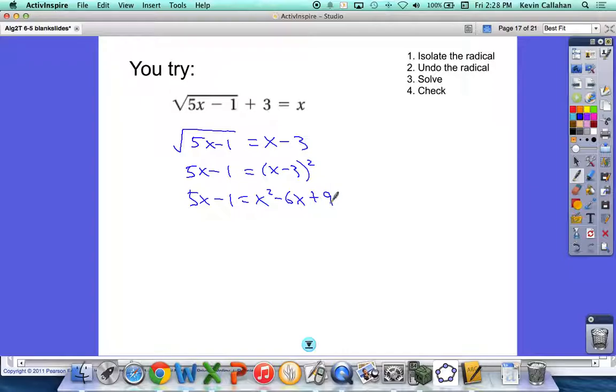No. Then get there, right? FOIL. x minus 3 times x minus 3. Why don't you actually put it on paper and see what it looks like? x minus 3 times x minus 3 is x squared minus 3x minus 3x plus 9.